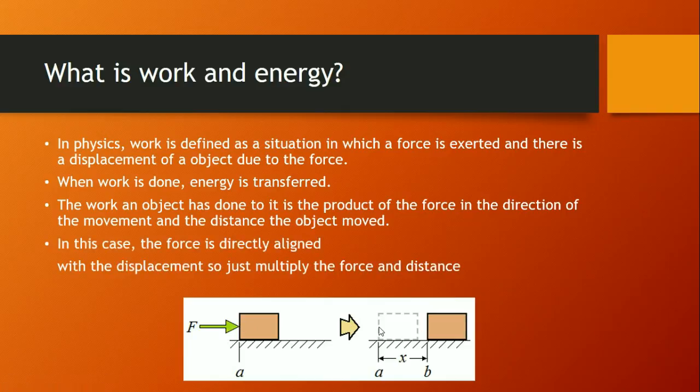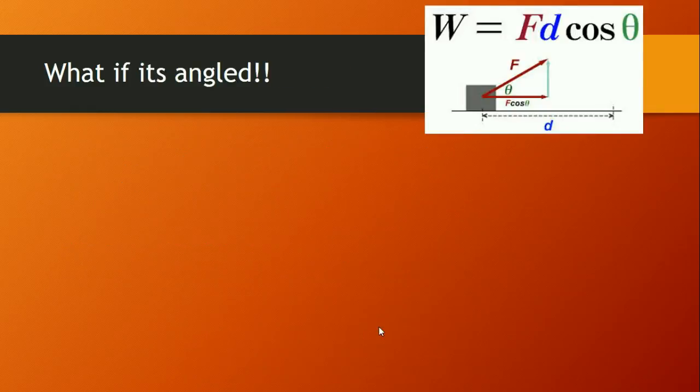So if it's directly aligned and you're pushing the same direction it's moving, you just multiply your force and distance, which makes sense because work is the force in the direction and the displacement it moved if they're the same direction. But what if it's angled?